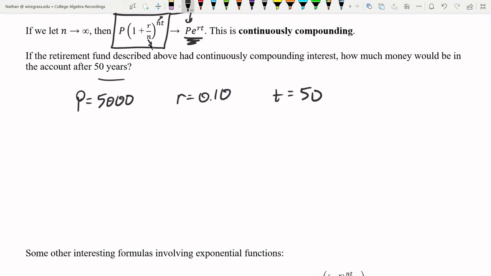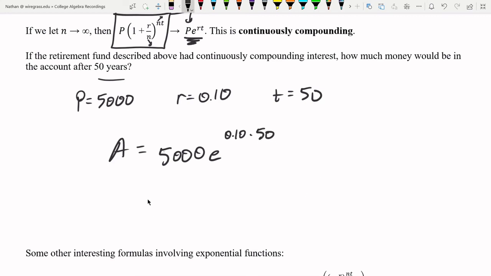Here, we do not use the previous formula that we've been using. We have to use this one because we don't know what n is, or actually n is infinite, and we cannot plug infinity into a formula. That's where this new formula comes into play. We don't need to plug in n, because our formula allows us to use e instead.